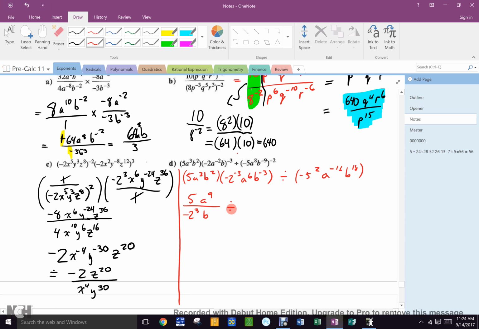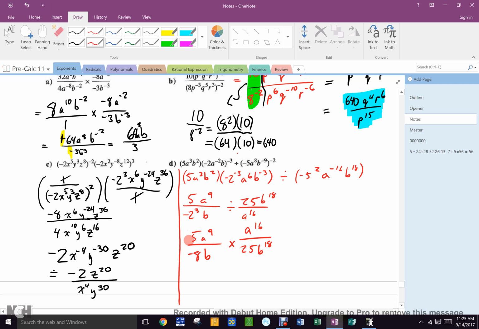Divided by negative 5 squared, that's okay, positive 25, and a to the 16, and b to the 18. Now, divided by does what to that fraction? 5a to the 9th over negative 8b times a to the 16th over 25b to the 18th.